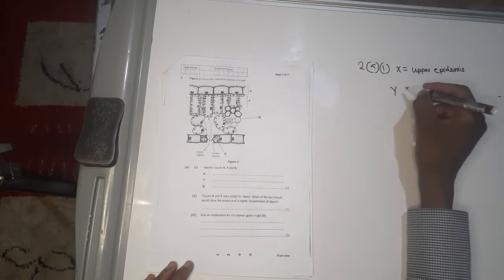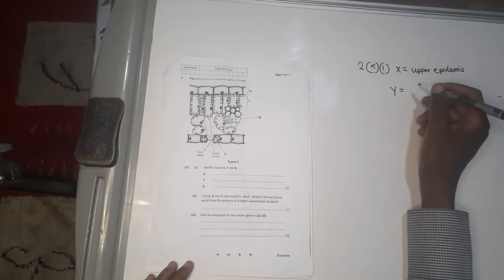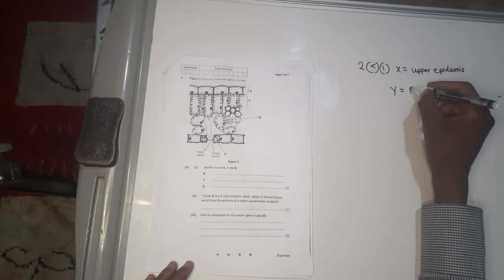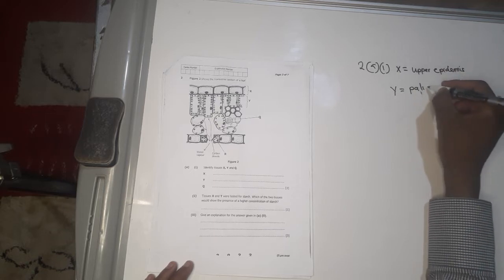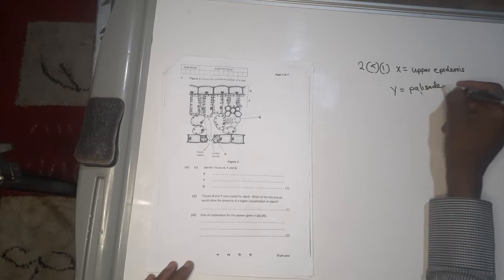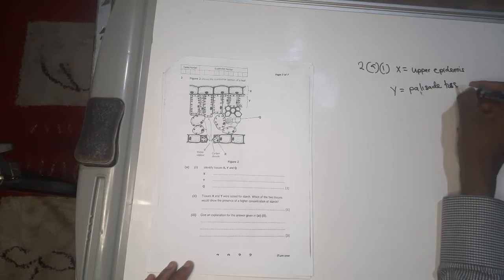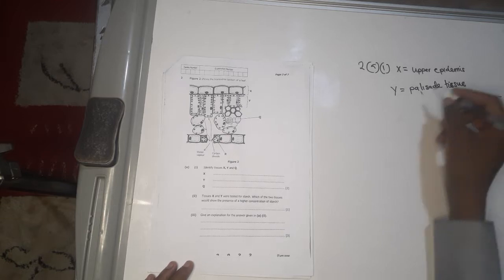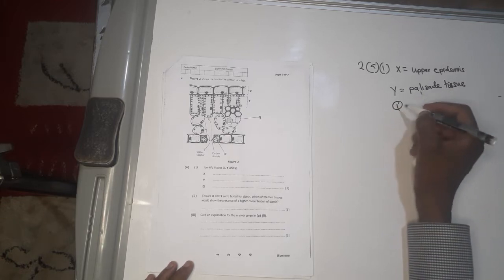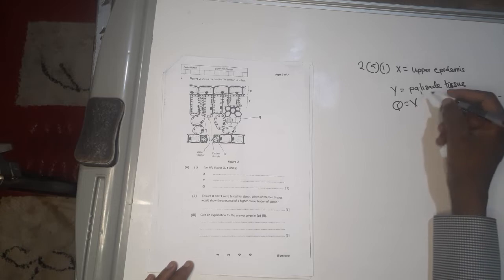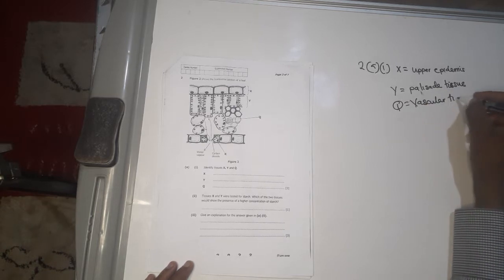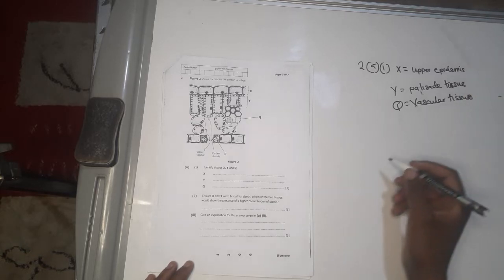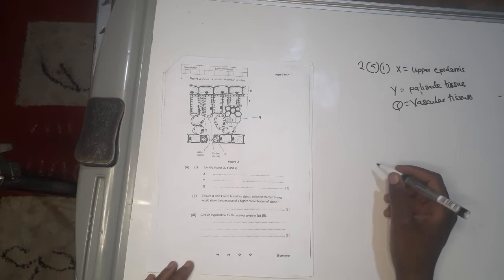Then you talk about part Y, that is the palisade tissue. Okay, then Q, that is a vascular bundle or vascular tissue. Okay, so that's the first question on question 2.